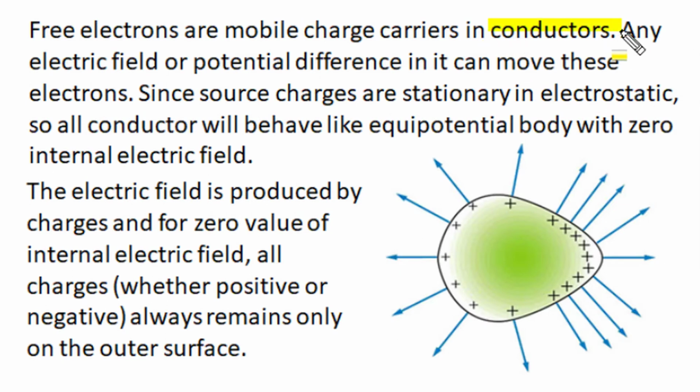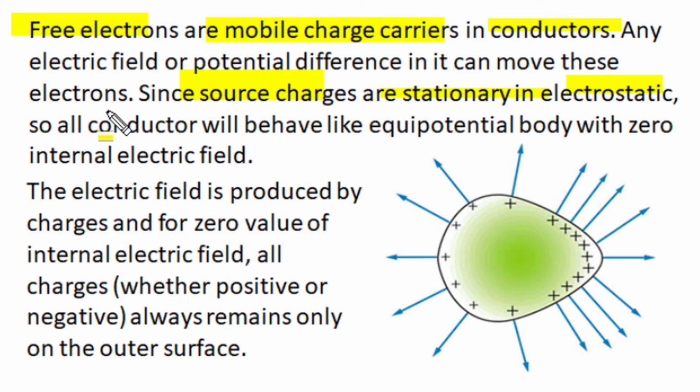In metallic conductors, free electrons are mobile charge carriers, and any electric field or potential difference in a metallic conductor can continuously transfer these electrons. Since source charges are stationary in electrostatics, the position of charges producing the electric field should not move, and this is possible only when there is no potential difference in the metallic body, or no internal electric field in the metallic body.